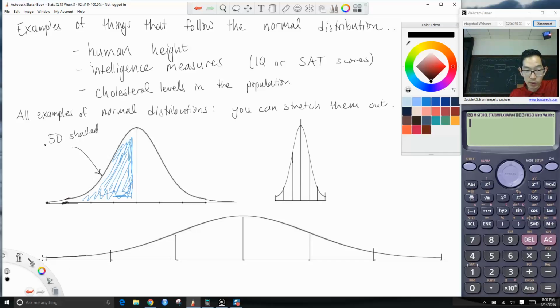If I were to shade these in, it would have the same proportions here.